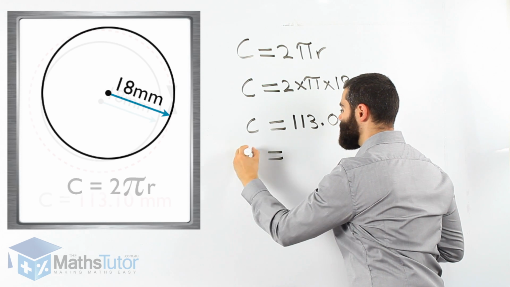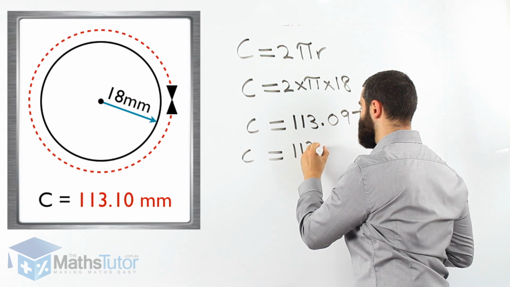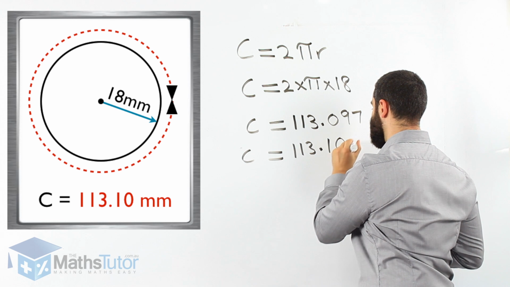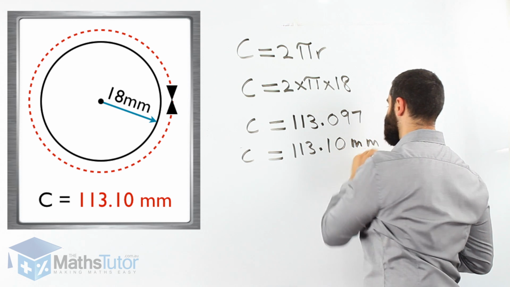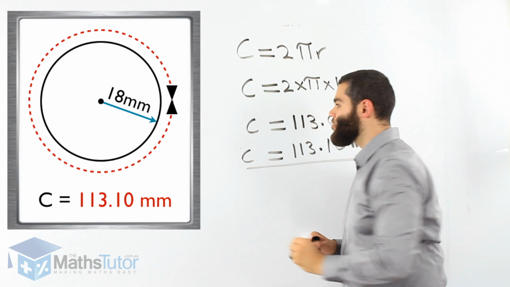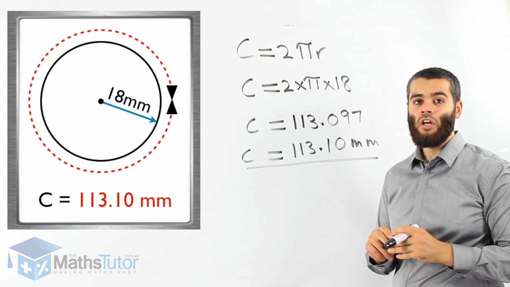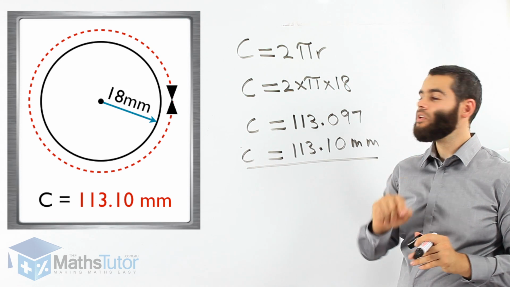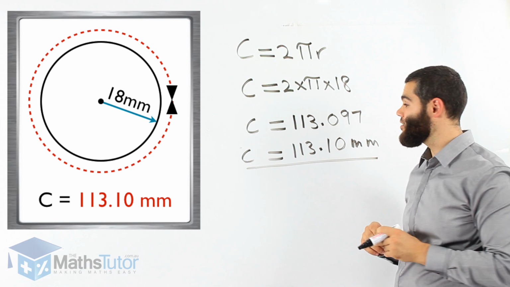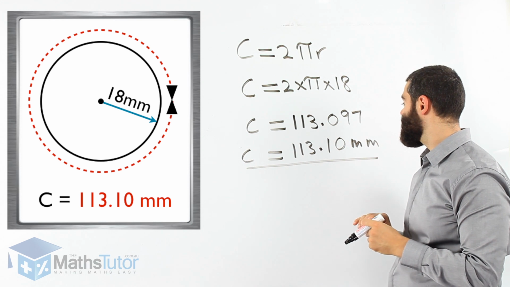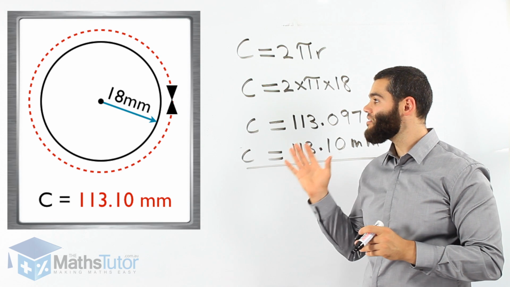We want it to 2 decimal places, 113.10 millimeters. So our answer, the total circumference of this circle, the total surrounding of this circle, the total perimeter of this circle is 113.10 millimeters.